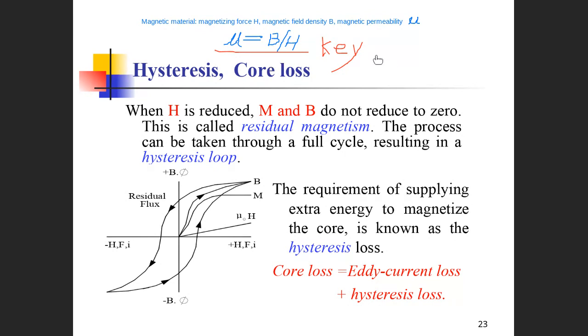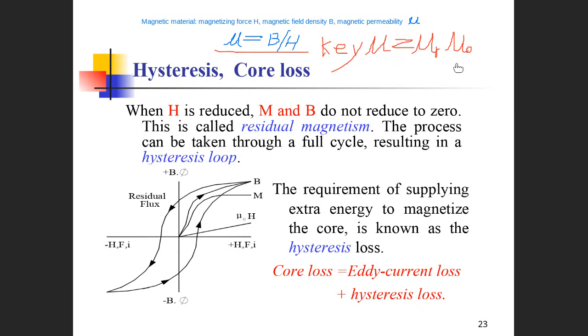So that's why we have mu equal to mu relative times mu zero. Mu zero is the universal constant, at least in the world we are living in now.